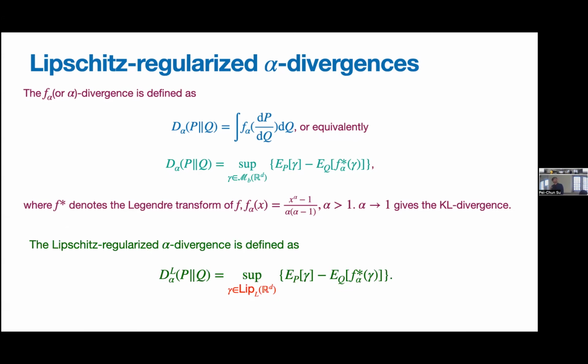So the idea is to put Lipschitz regularization into this variational form. We call it the Lipschitz regularized alpha divergence, where we have replaced these broad bounded measurable functions by Lipschitz functions on the test function space. So this regularization is imposed on the function space.